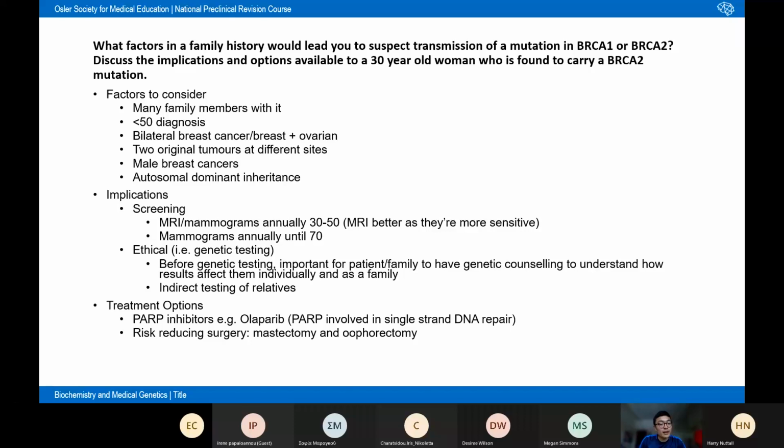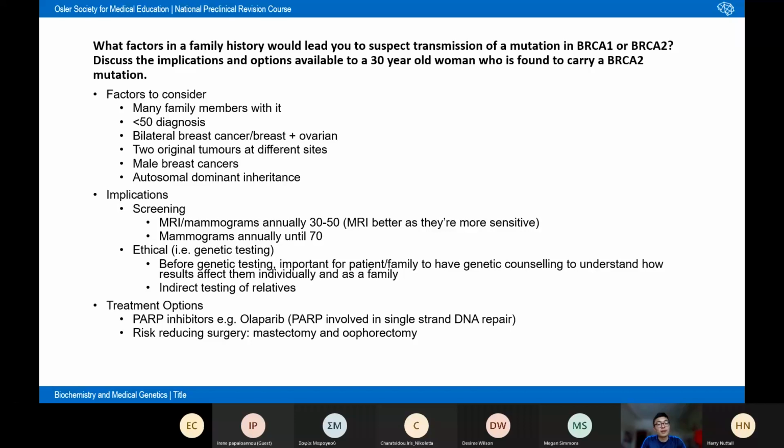forming. And another implication that might arise following the diagnosis of a BRCA2 mutation is the ethical aspects. So what we mean by this is, if this 30-year-old woman discovers she has the BRCA2 mutation, on the one hand, knowing this is kind of good, in the sense that she could perhaps inform relatives and families, and then they can have genetic counselling to understand how the results of this might impact them.